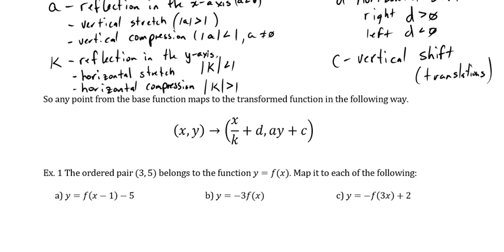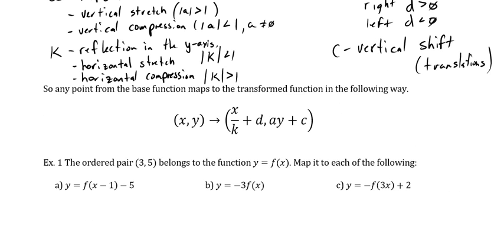So what does this mean? If we map points, if I just look at a particular point, the K and the D impact the X point, and the A and the C impact the Y point, right? Because the A and the C are the up-down ones, and the K and the D are the left-right ones.